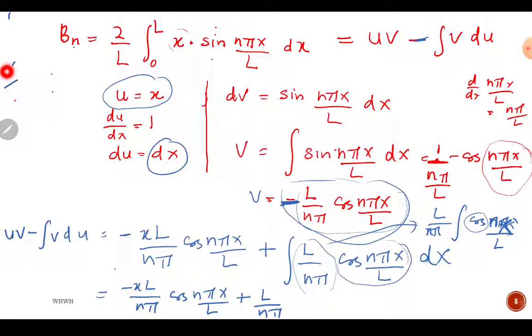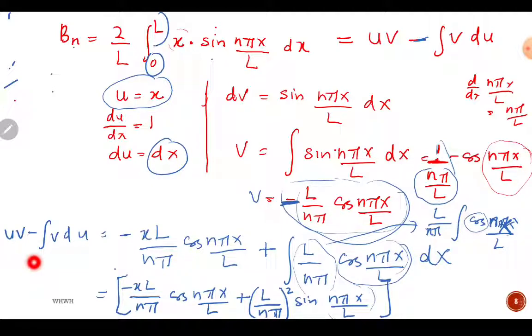Integrate yang ni cos n pi x over L ni, integrate cos, kita akan dapat sin n pi x over L, and again differentiate divide by the derivative of this, kita akan dapat benda yang sama, which is 1 over n pi over L. So yang ni dia akan jadi kuasa 2 lah, sebab benda yang sama. So dia akan berulang 2 kali, kan? So this thing you are to gantikan dengan apa? Value dia daripada 0 to L.